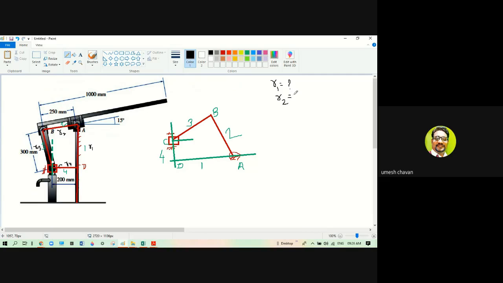R2 is 250 mm. R3 is 300, and R4 is 200. These are the constants.